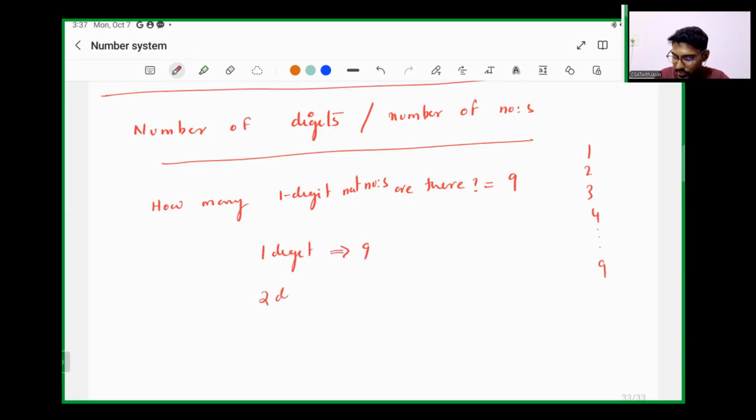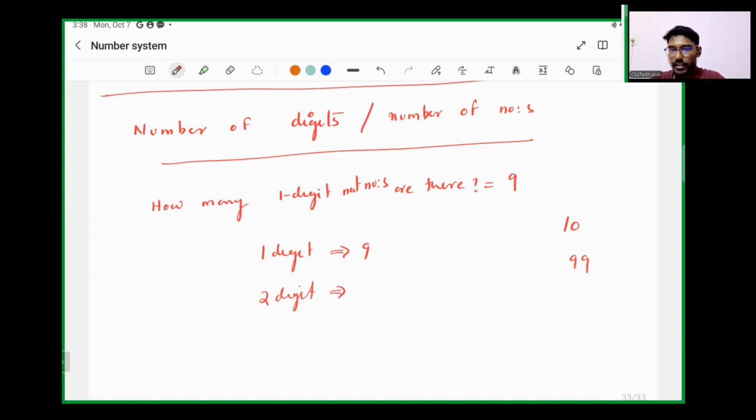How many two-digit numbers are there? Tell me. The two-digit numbers start from 10, right? And end at 99. 99 is the largest two-digit number. So from 10 to 99, how many numbers are there? Tell me. Okay, how many numbers are there?